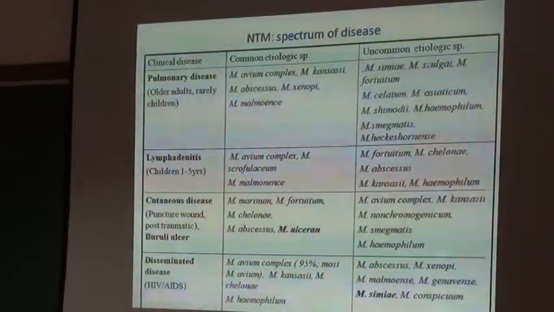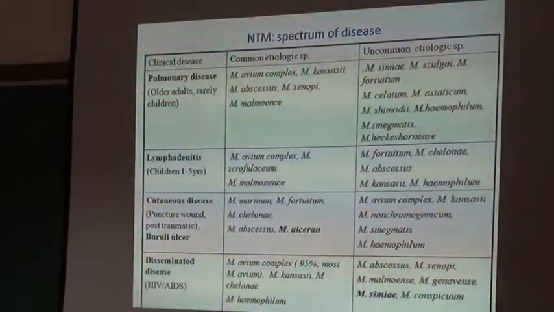Similarly, cutaneous infection is most commonly caused by Mycobacterium marinum, followed by Mycobacterium fortuitum. There is one NTM species, Mycobacterium ulcerans, which causes Buruli ulcer, a nodular pattern of skin infection.